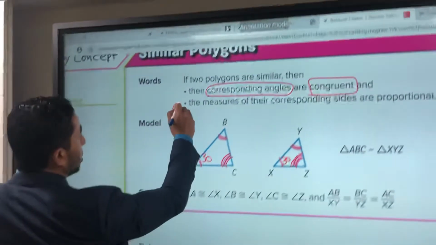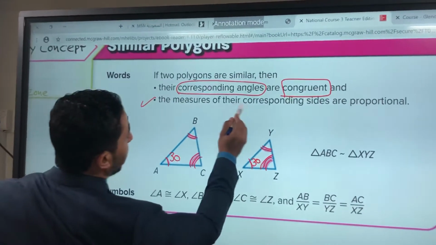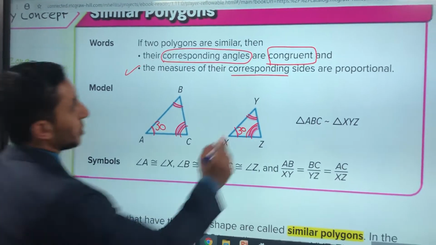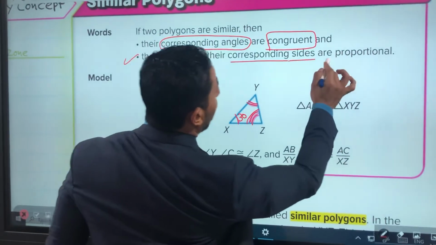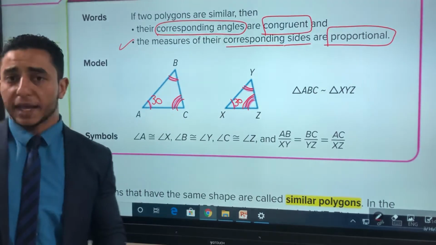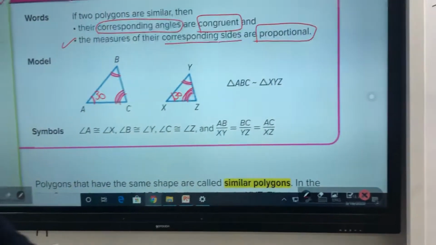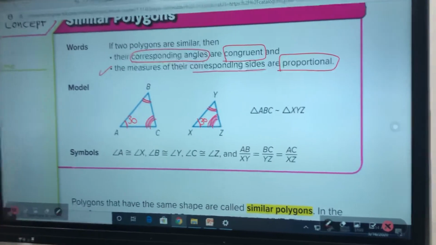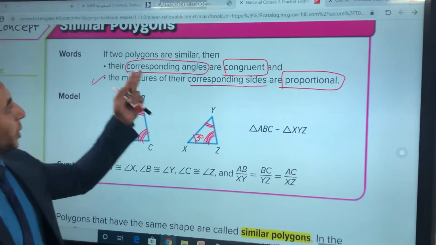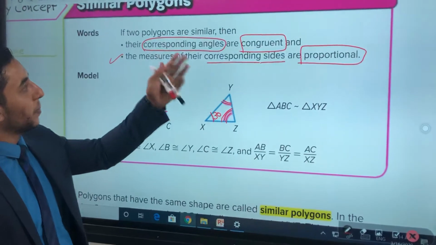And the second condition is that corresponding sides are proportional. Proportional, the same ratio. Again, proportional, the same ratio. So we have 2 conditions if we have 2 similar polygons.